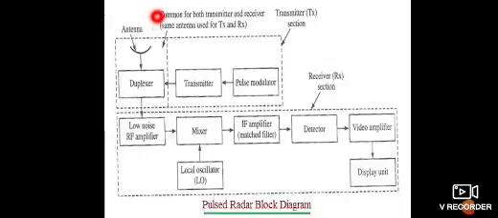Whenever the signal strikes the target, that is, comes into contact with our target, the echo signals can be received by the antenna. Those echo signals are received by the duplexer. First of all, I said that it acts as a switch. How does it act as a switch?